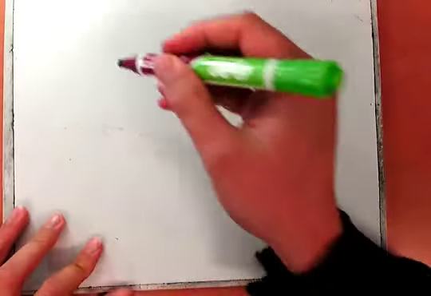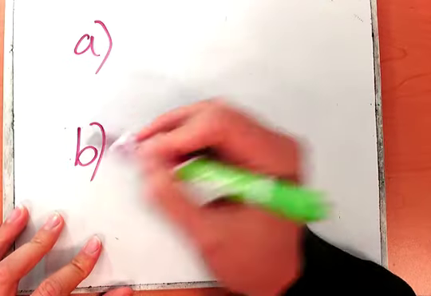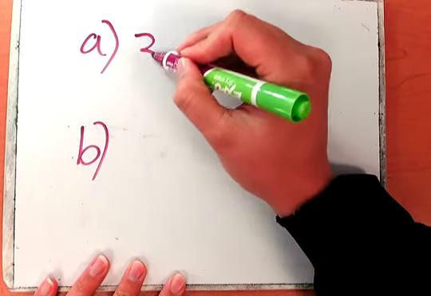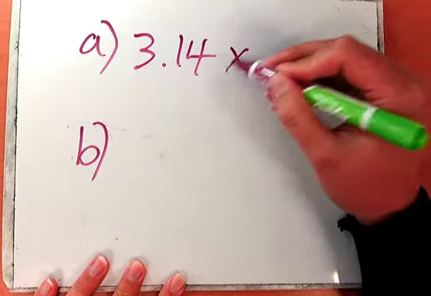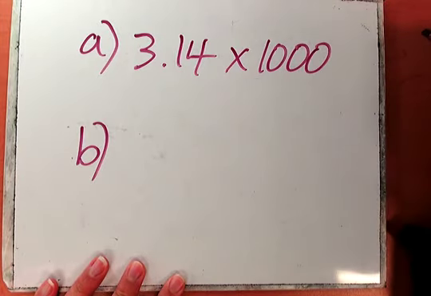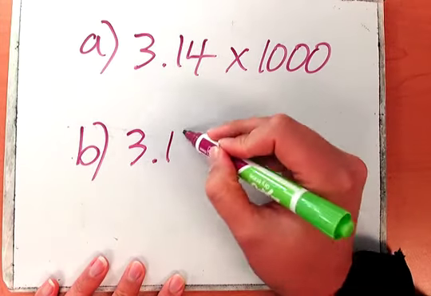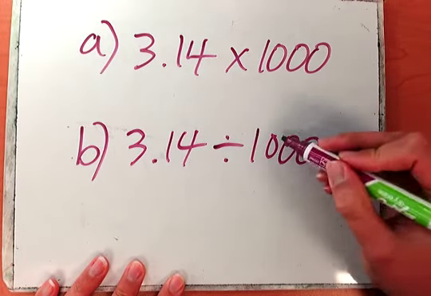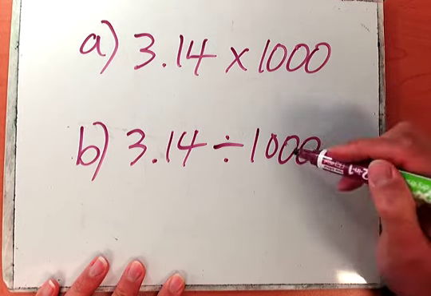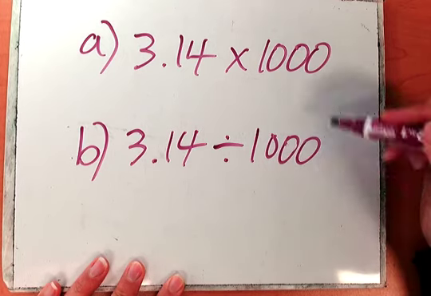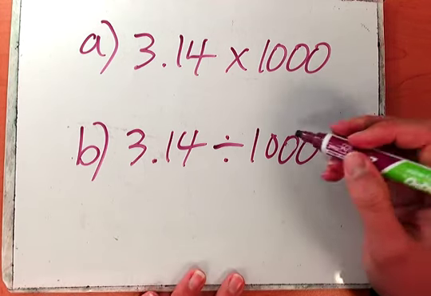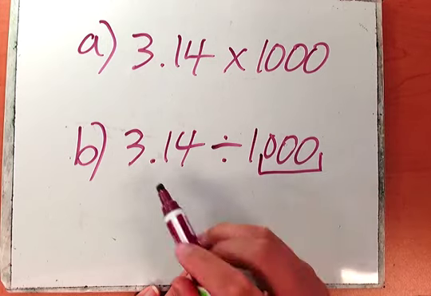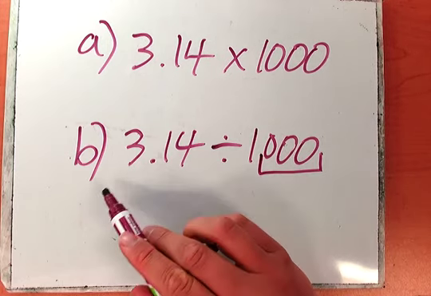Question 2. There's always going to be an A part and a B part to this moving forward, because we want to make sure that you know when you take any sort of number, we're going to use 3.14 times 1,000, let's say. When you take any of these numbers and you divide or multiply by some number that's like 10 or 100 or 1,000 or a million, one with a bunch of zeros, essentially the number of zeros is the number of places the decimal point moves.